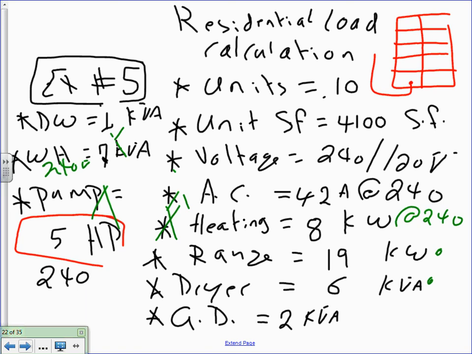Each unit has electric heaters, baseboard or furnace, 8 kW at 240. Each unit has a 19 kW range, a 6 kW dryer, a garbage disposal of 2K, a dishwasher of 1K, and a water heater of 7K at 240.